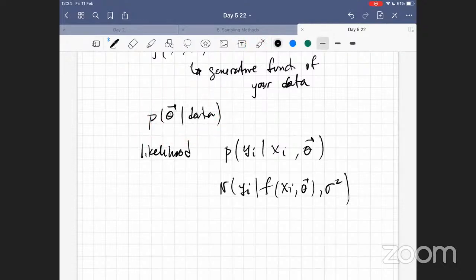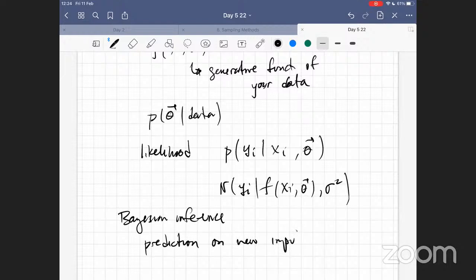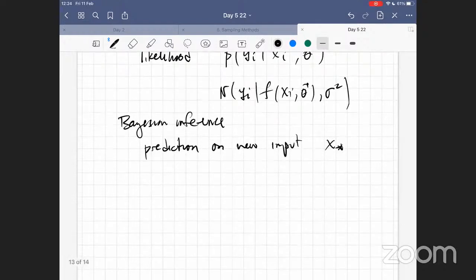Then the final step in Bayesian inference is to make a prediction, which is a prediction on new input. Let me put it X star. Okay. Do you follow me, by the way, or no? Yes.